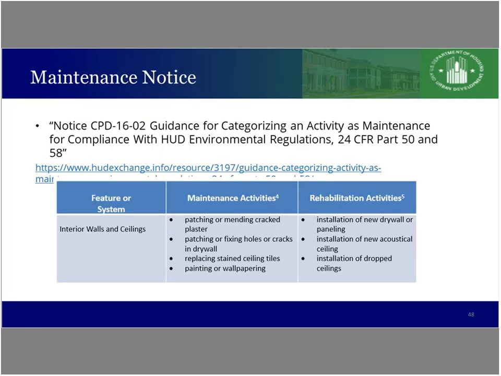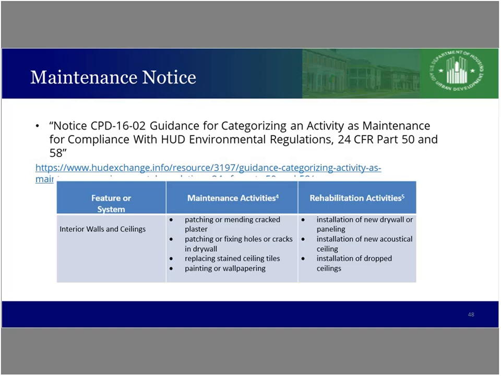The second thing on the list that may remove a project from needing a full standard Section 106 review is something that's included in HUD regulations under 24 CFR 50.19(b)(13). That regulation categorically excludes activities that do not require review under NEPA or related laws and authorities, including Section 106. And one of the exempted activities is maintenance.